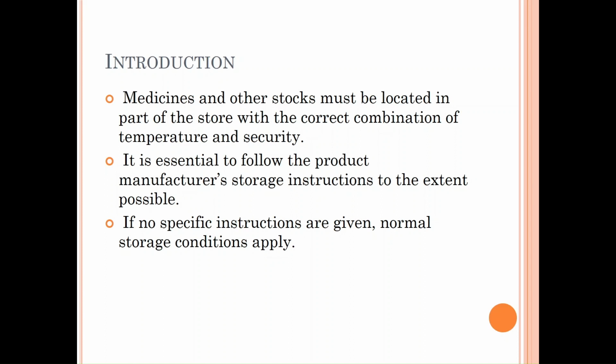So whatever we have in the store, we have to make sure that we are storing it at the correct temperatures, and these can be guided by the manufacturers themselves, who give us instructions on how to store. Every product that comes, the manufacturer puts a label for us. If they don't have the label, or if the label does not clearly state the storage conditions, they have what we call leaflets.